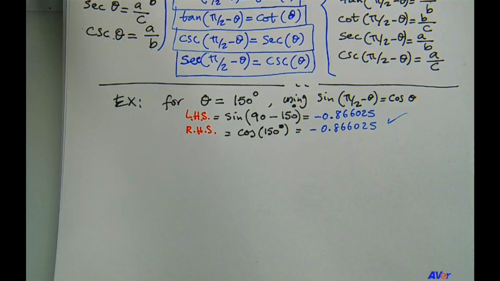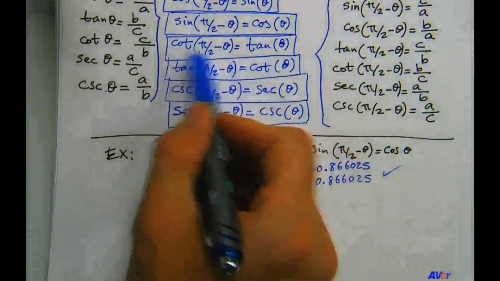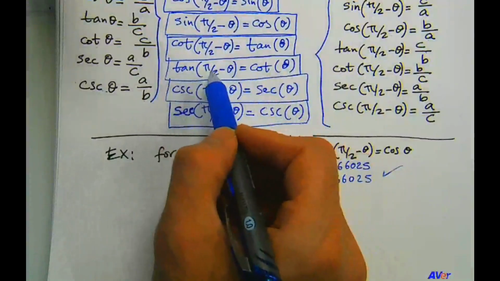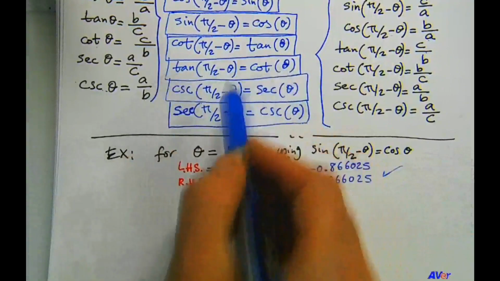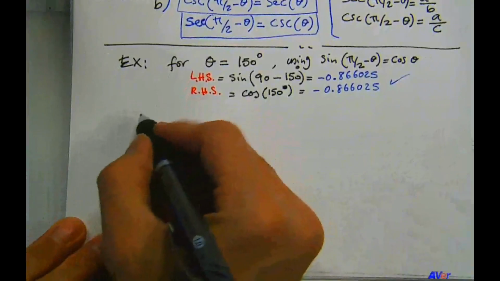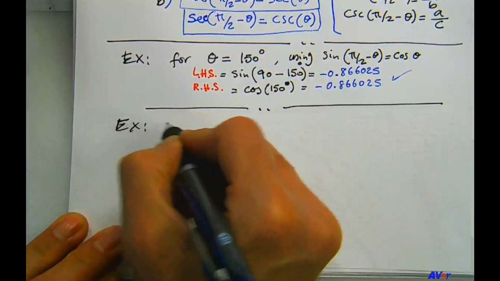Let's do this time one of the cotangent tangent ones, right? With these two. So let me pick that, or maybe pick that one, tangent of pi over 2 minus theta. It makes no difference. So I'm going to pick this one. So another example.